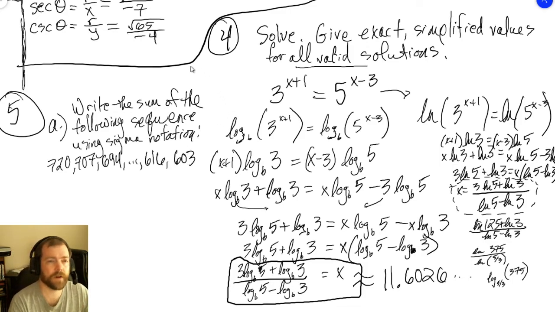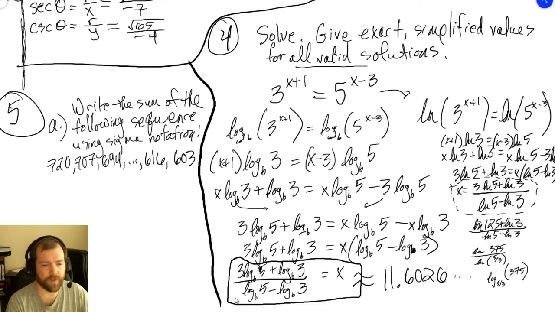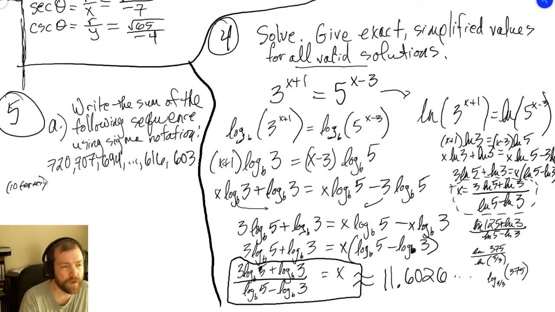Now, in my exam, I actually gave them all of the terms of the sequence. So there are a grand total of 10. And I listed all of them out. So if you remember, this is sigma notation.